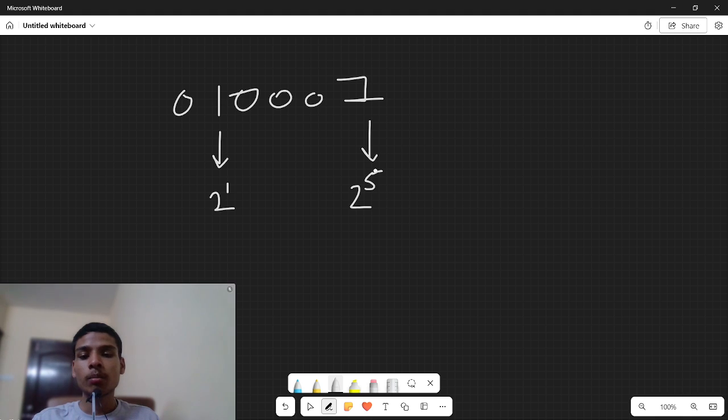But you also have minus 1 now. Here minus 1 will represent minus 2 to the power 6. So you have to represent the number in the form of these numbers.